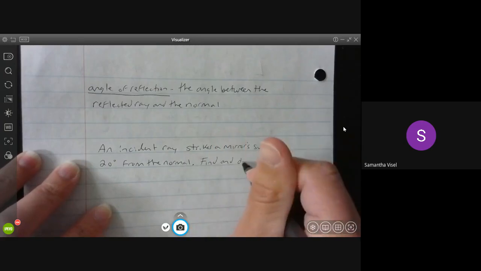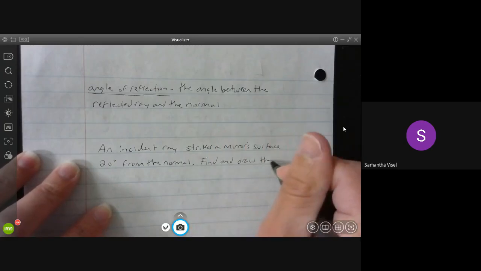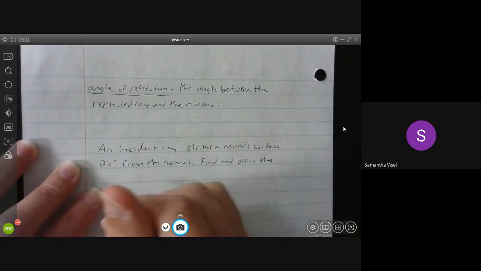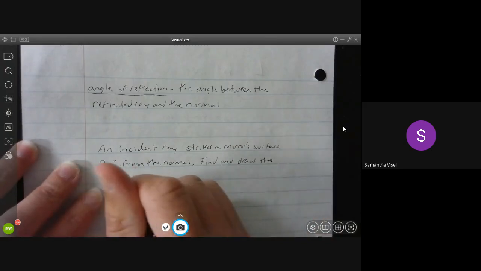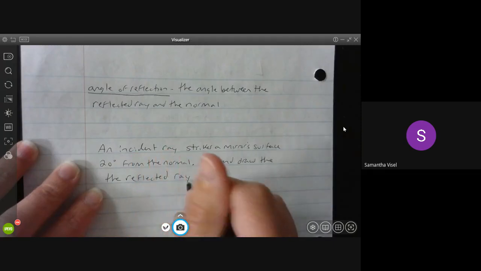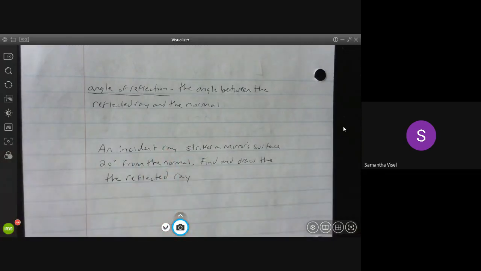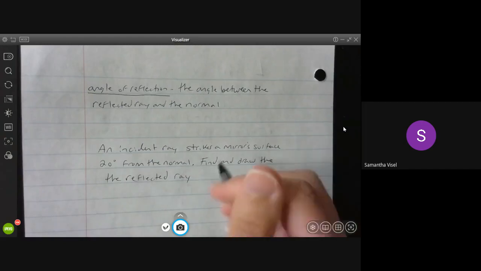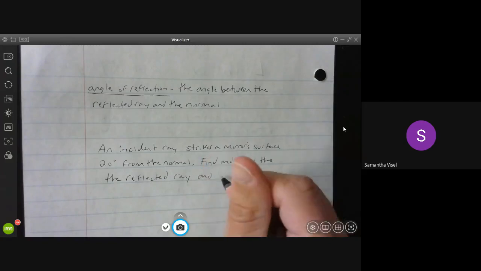Find and draw the reflected ray. So an incident ray strikes a mirror surface 20 degrees from the normal. Find and draw the reflected ray. We're going to include on here too the angle of reflection.